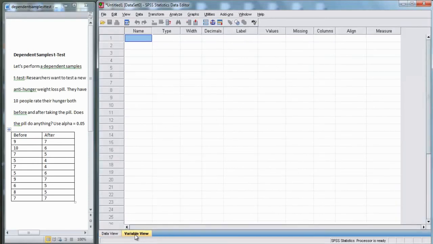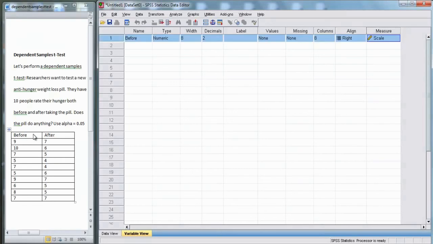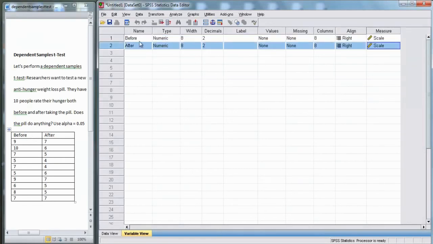So I'm going to go down to the variable view. Here we have two variables, before the participants took the pill and after they took the pill. Now let's leave this information as it is. Now that we have all our variables in here, we can go back to the data view.